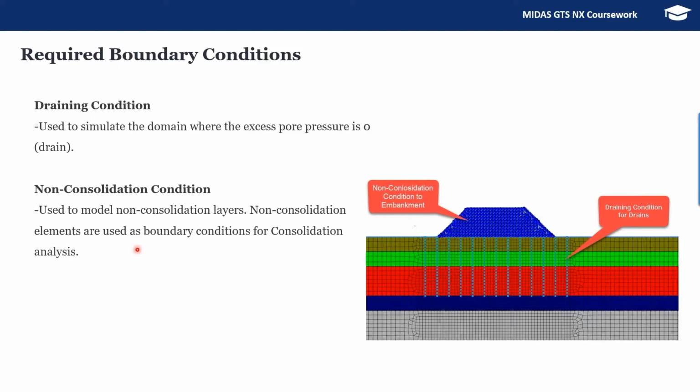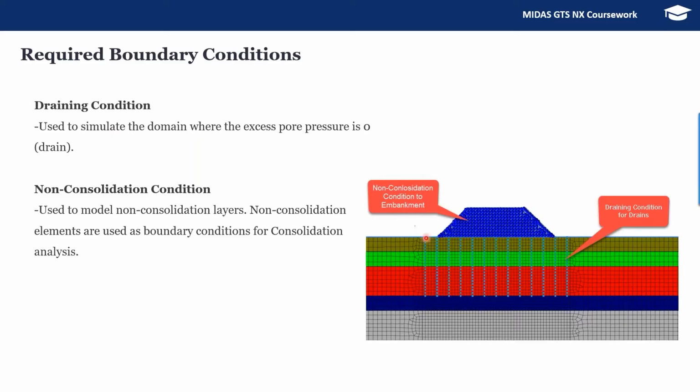In order to simulate that, we apply this drainage condition to the nodes where the vertical drains are to be placed. So let's say vertical drains in reality are placed at 2 meter spacing. Then we need to apply this drainage condition at 2 meter spacing nodes.